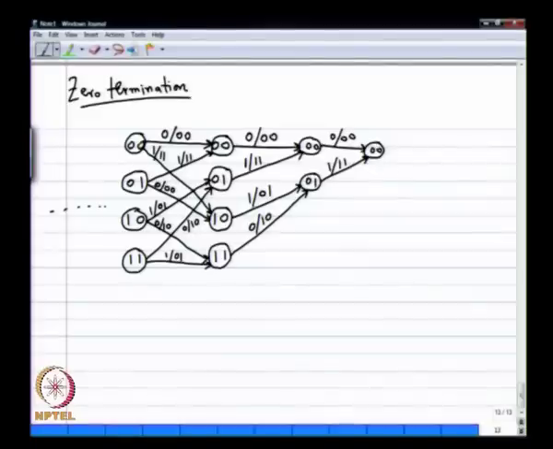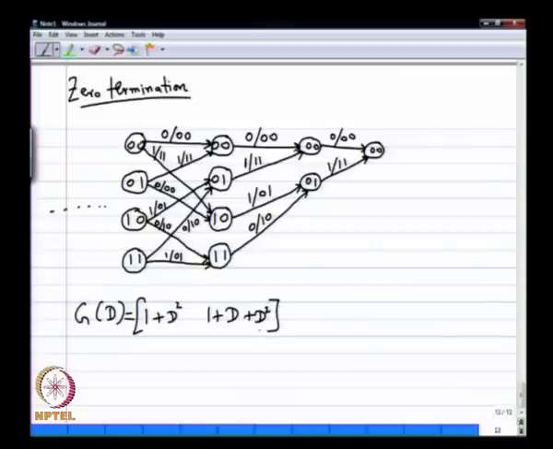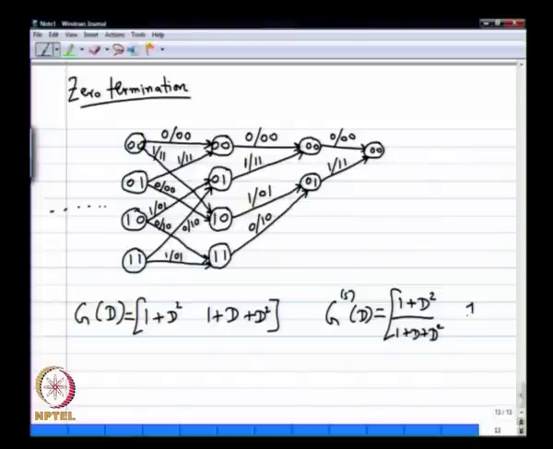The other thing I wanted to mention is the equivalence between the systematic form and the non-systematic form. So, let us look at the non-systematic form where g of d was 1 plus d squared, 1 plus d squared, and then the systematic form where I have 1 plus d squared by 1 plus d squared and then 1.